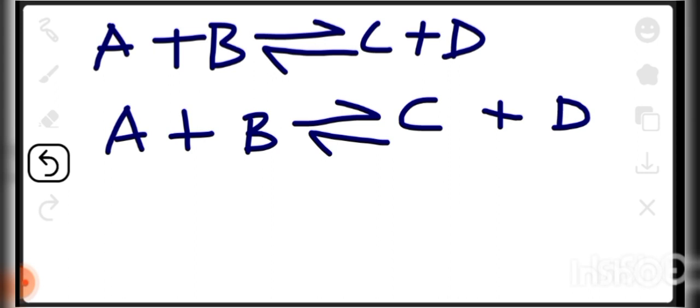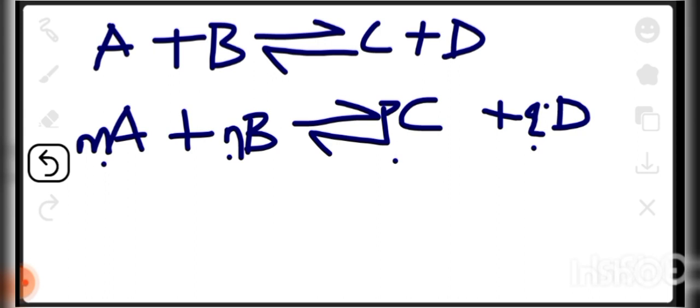Now we may say, okay, if the equation is not balanced, we just put M here to balance A, put N to balance B, put P to balance C, put Q to balance D. So these M, N, P, Q are just stoichiometric coefficients, or how many moles of A, B, C, D we have there.